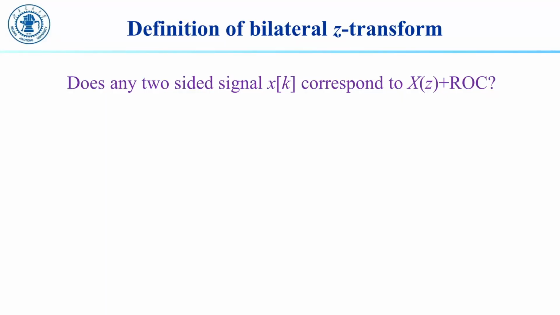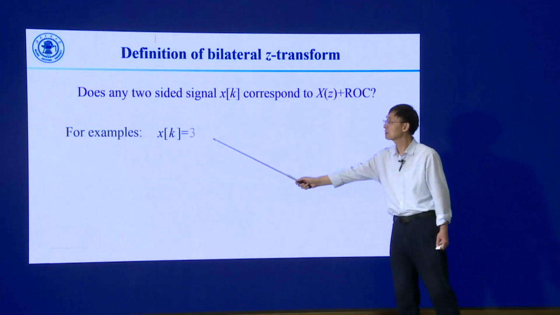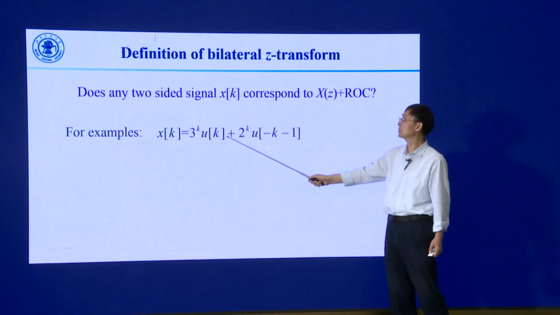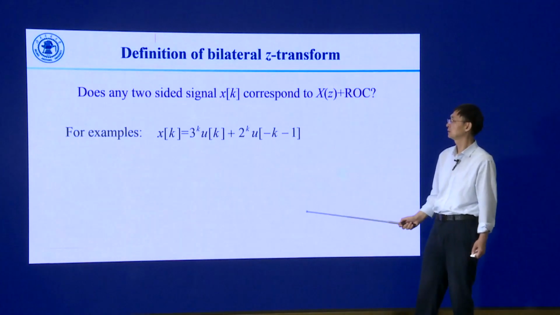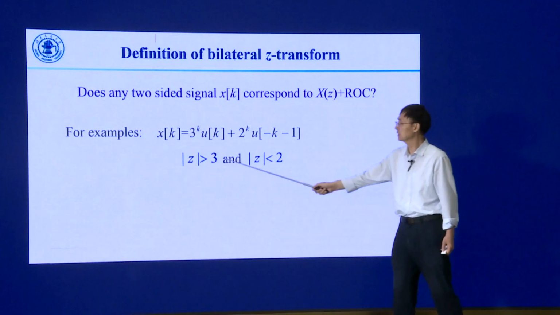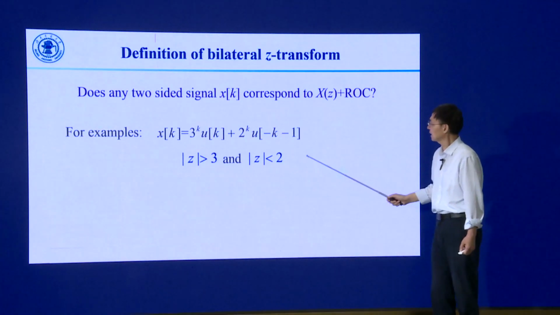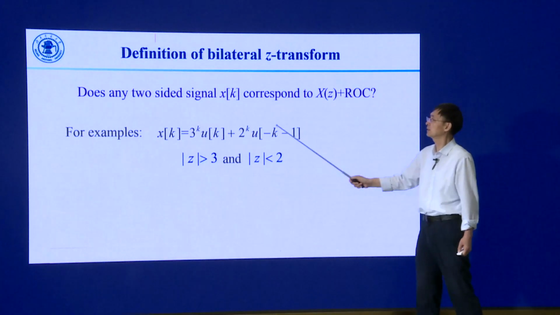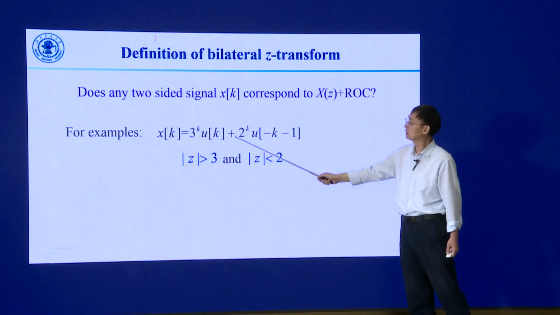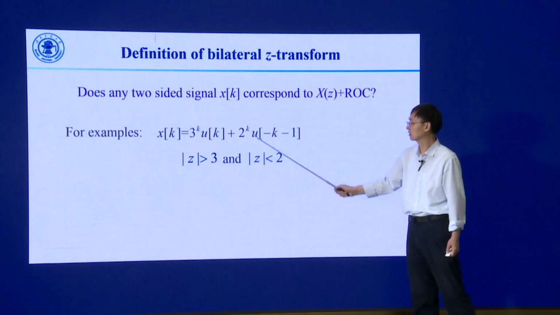Does any two-sided signal correspond to X of Z plus ROC? For example, for this two-sided signal, if these two conditions are satisfied, there exists the bilateral Z transform for the signal.